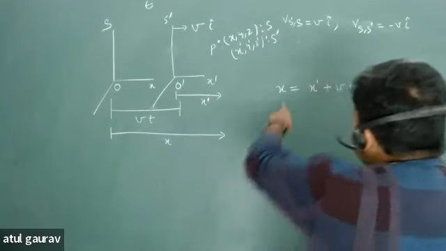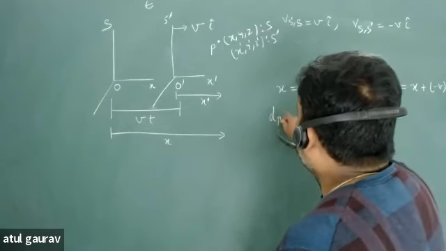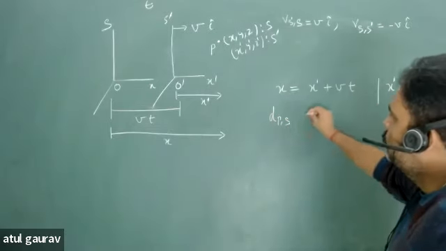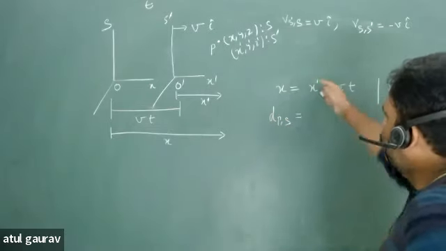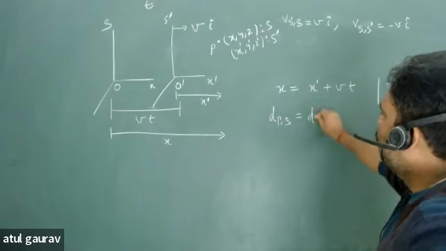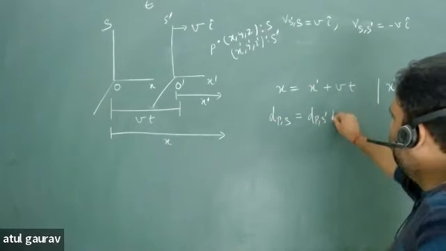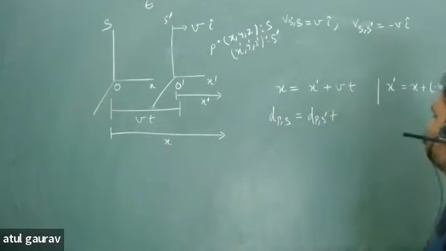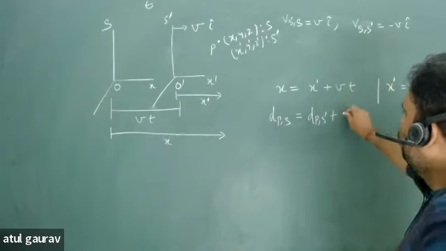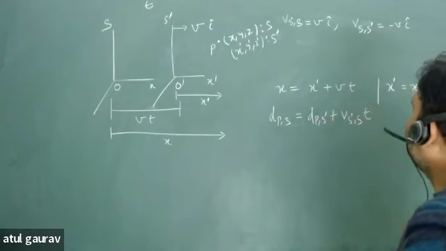Now look at this. This is nothing but the distance of point P with respect to S, and this is the distance of point P with respect to S dash plus V, where V is the velocity of S dash with respect to S, into time t.